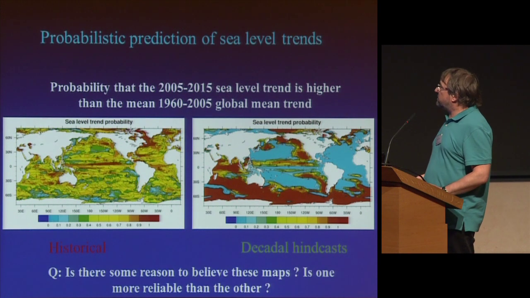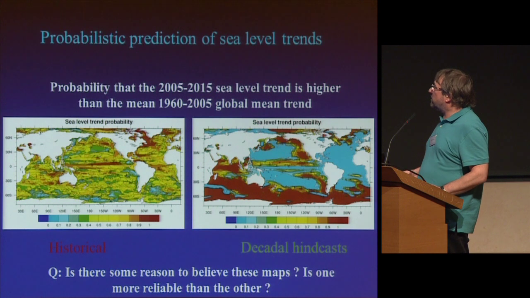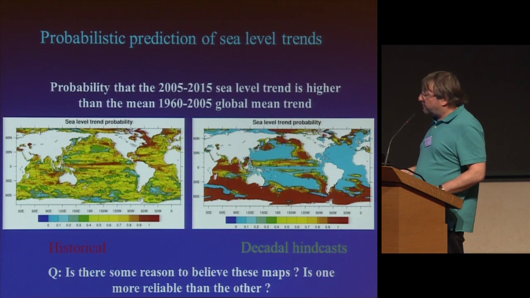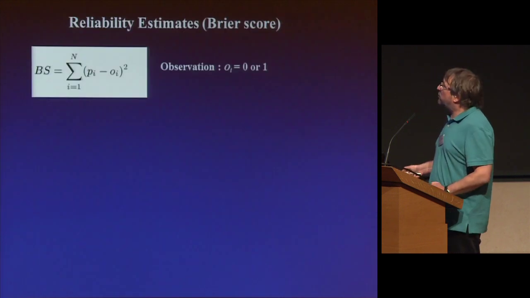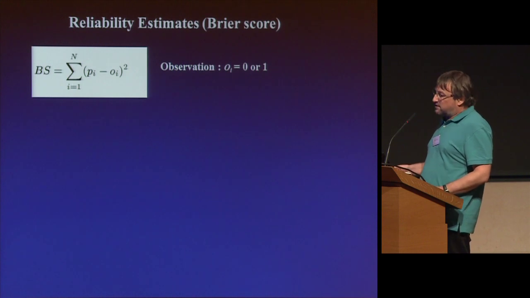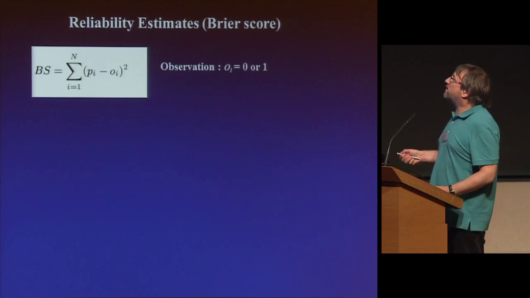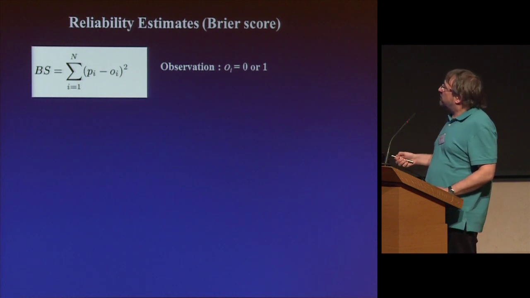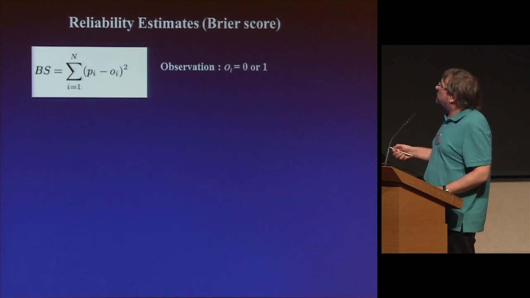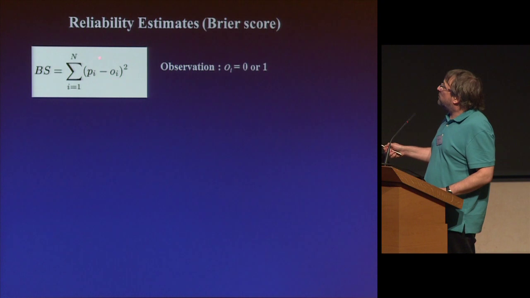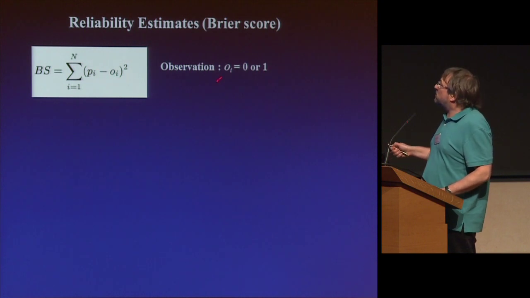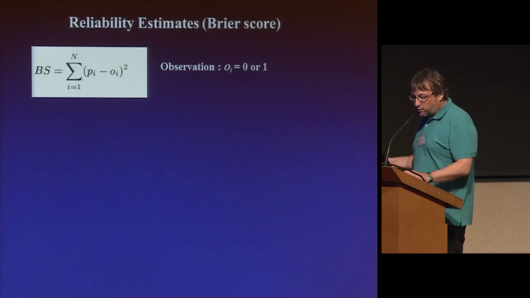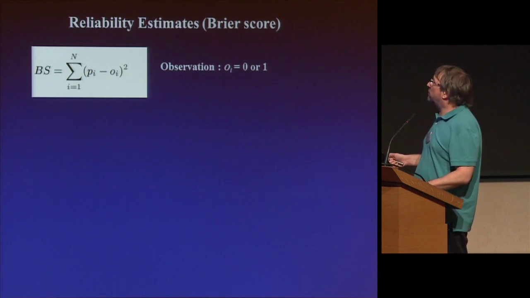So the question is, is there one reason to believe one map over the other? Is there one meaning of these maps? So this is the reliability estimates, and this is the advantage of using this probabilistic estimate. You just compute some quadratic error in terms of probabilities by taking the difference of the forecast probability of the event minus the observation, which is either 0 or 1, whether the event occurs in reality.